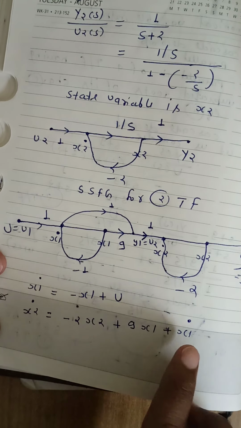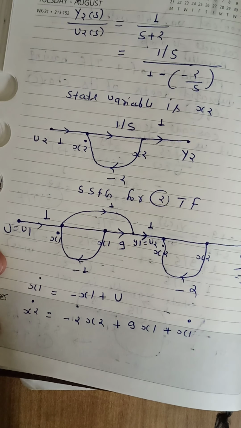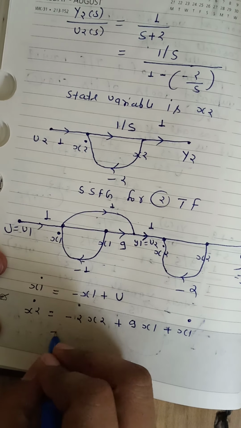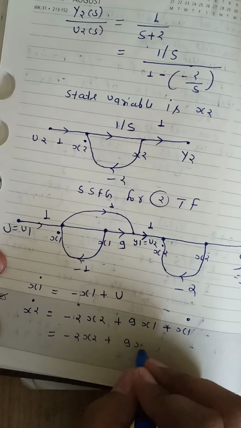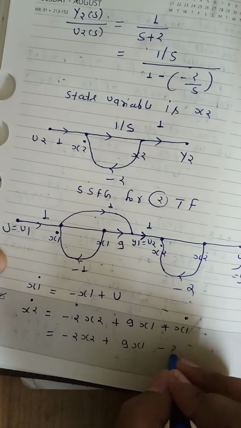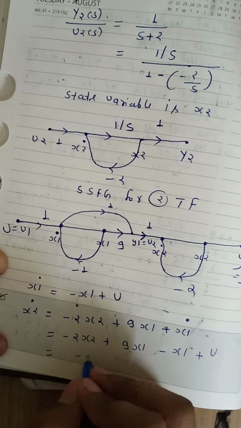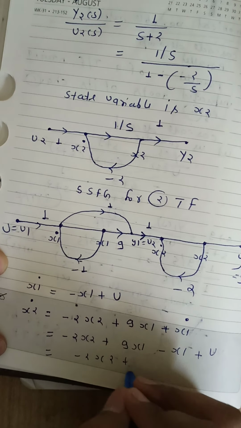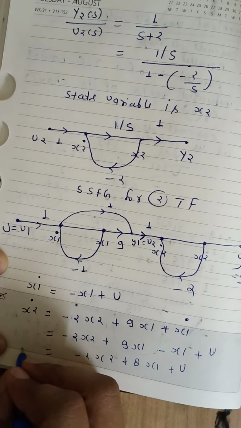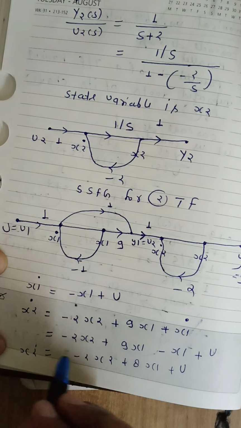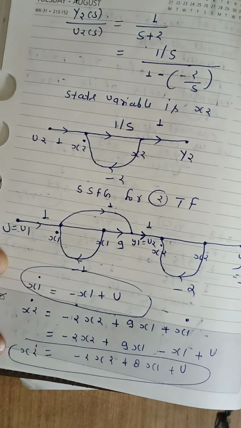So from the first equation we can put x1 dot in the second equation. So we have minus 2x2 plus 9x1 plus (minus x1 plus u). After simplifying we have minus 2x2 plus 8x1 plus u. This is my second state equation. This is my first state equation.